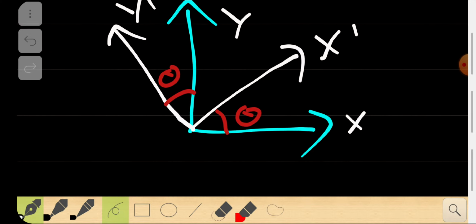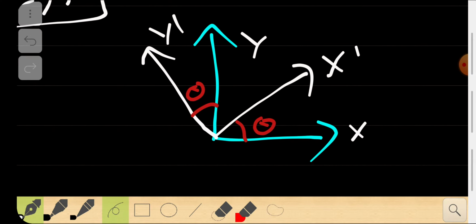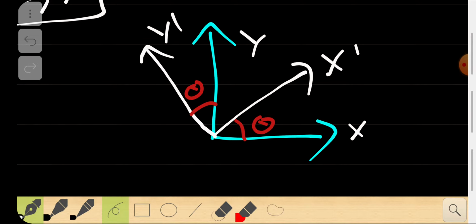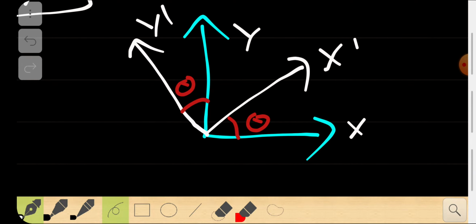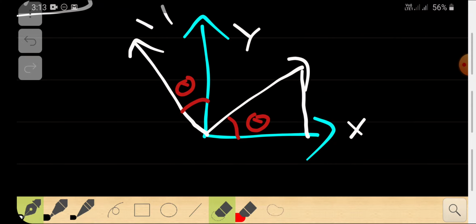So if you look at this, you can see that the new coordinate system axes are themselves vectors in the old coordinate system. So you can decompose these into components. Let's rename them to something simpler, so you don't get confused.